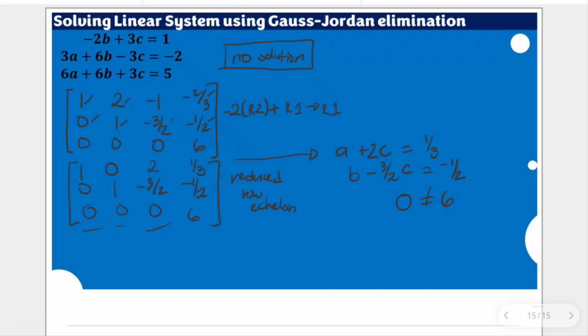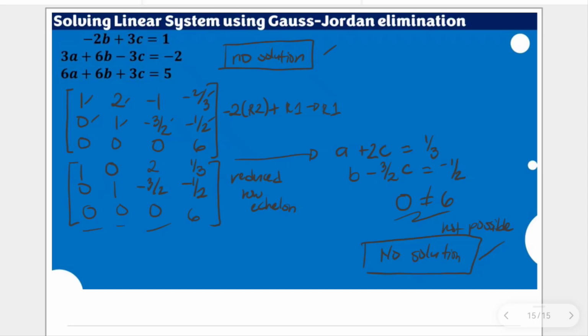Of course, this is again not possible. This will return to the same decision that this linear system has no solution, just like the result in our Gaussian elimination in the previous video.